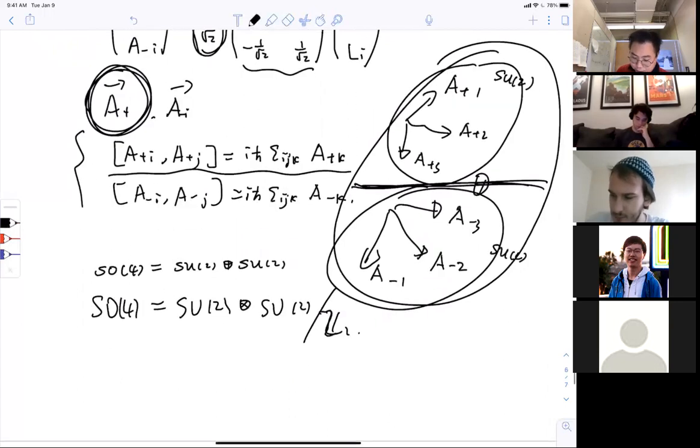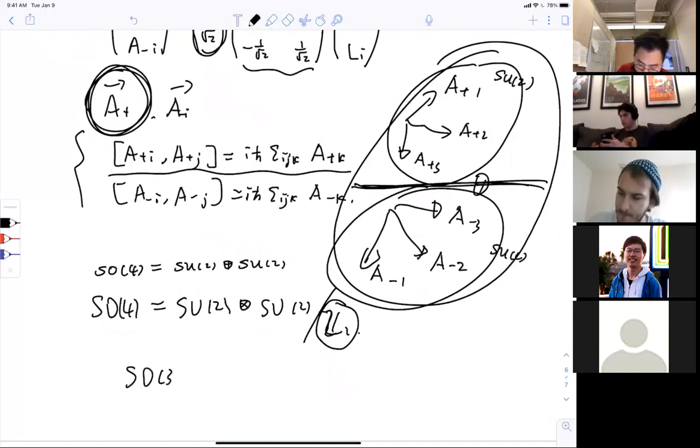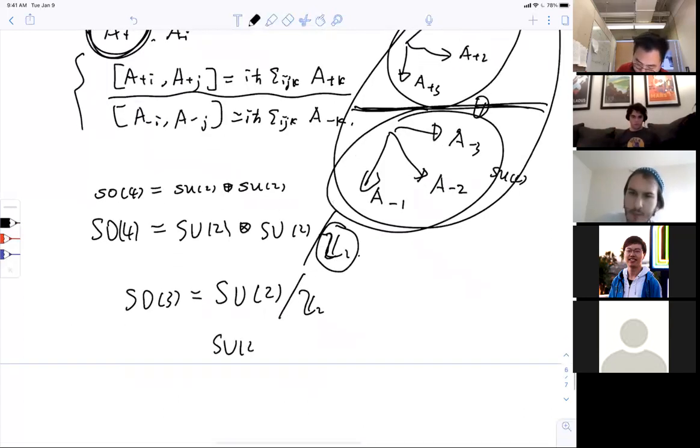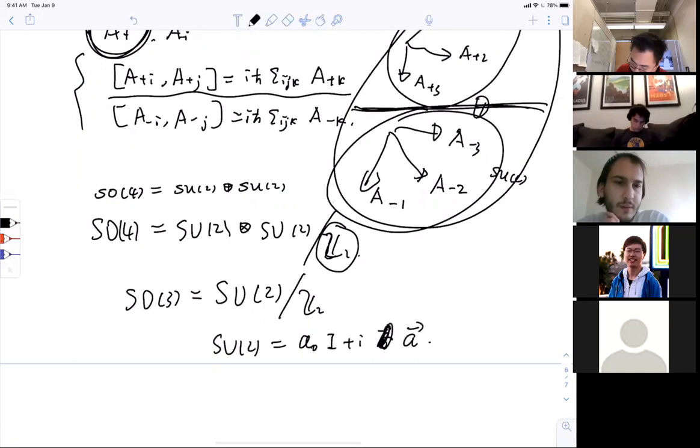Of course, without saying anything, it's not obvious why this is true and what this Z2 means. In the SO3 case, we talked about it last time. This Z2 means identification, because SU2 elements can be written as a naught times I plus i a vector times sigma, right?